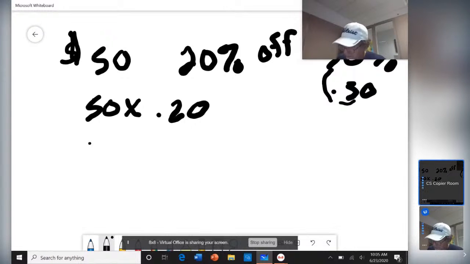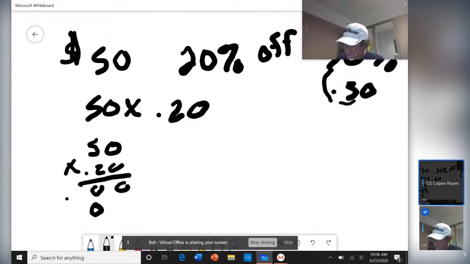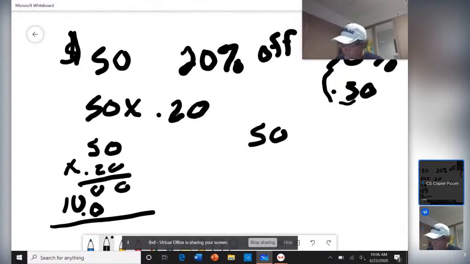So if we do 50 times 0.20, we're going to get $10. So what that means is those shoes that were $50, if they're 20% off, that equals $10.